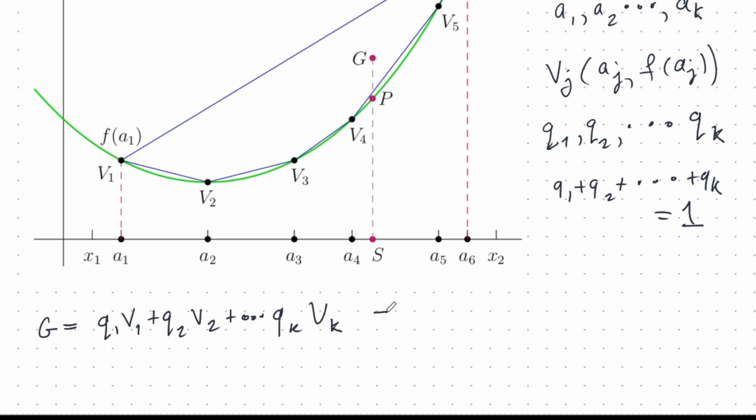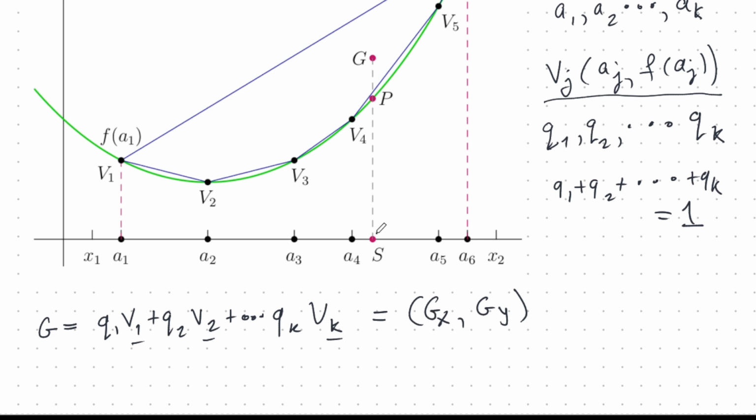And this is a vector or a point, so it has an x component and a y component, gx and gy. Easy to separate them, just plug this in to all of these vertices here. Do the algebra, add it all up, and you can find gx, gy.